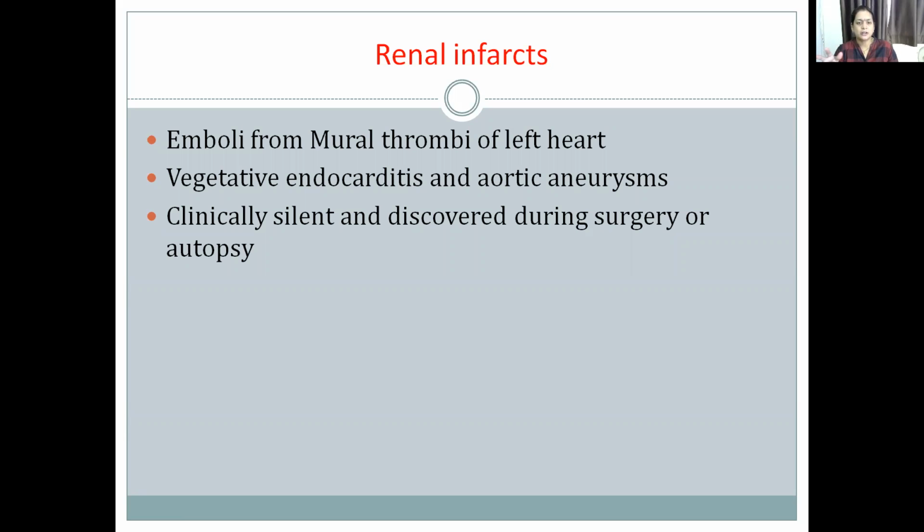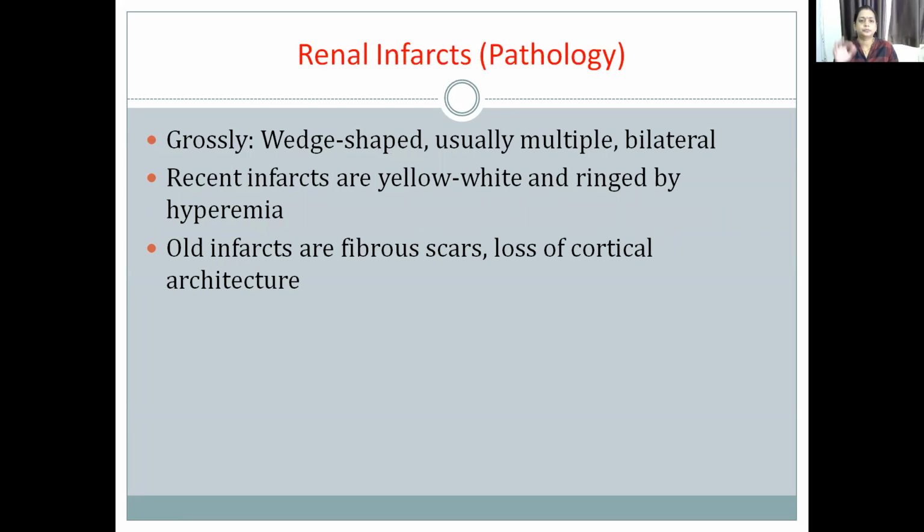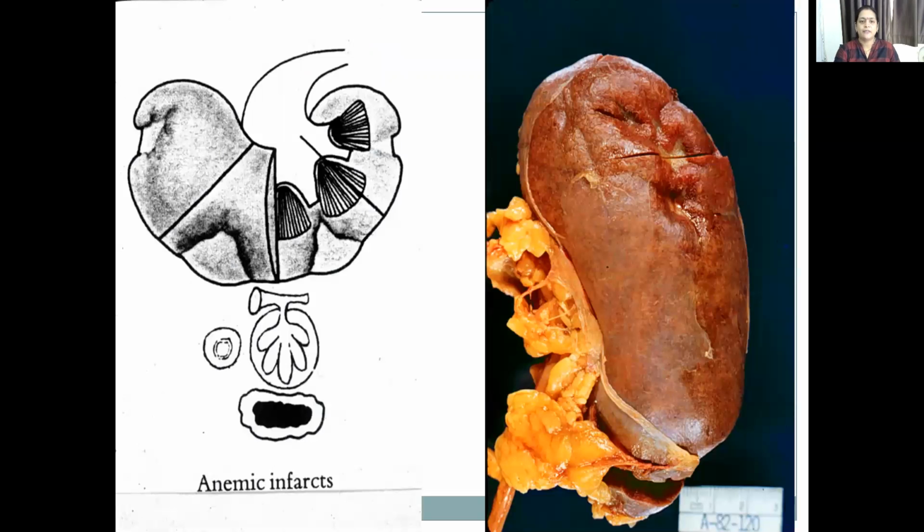The same with the aortic aneurysm. You can see that these are wedge-shaped infarcts, yellow-white and ringed by hyperemia. The old infarcts are fibrous scars with loss of cortical architecture. This is about renal infarcts.